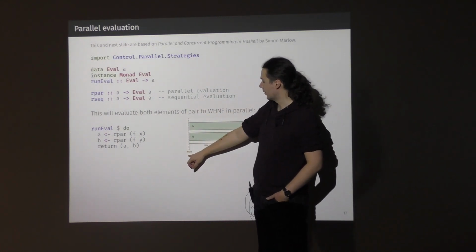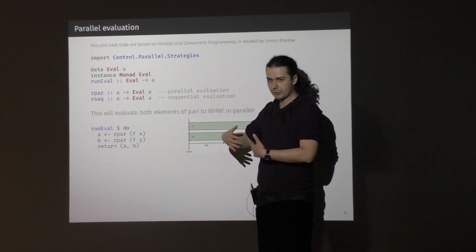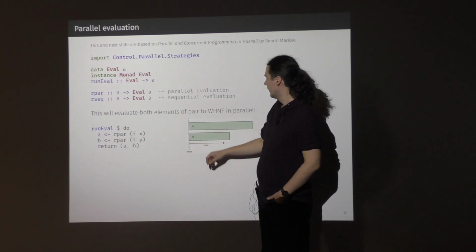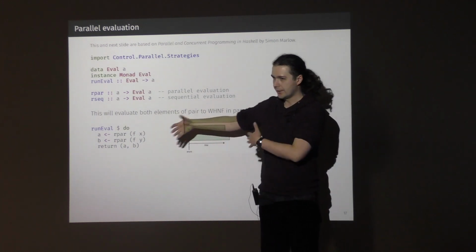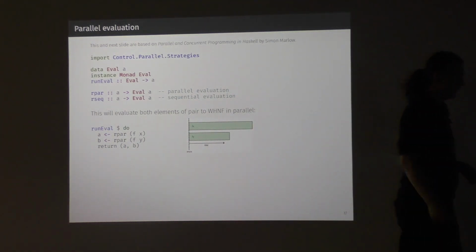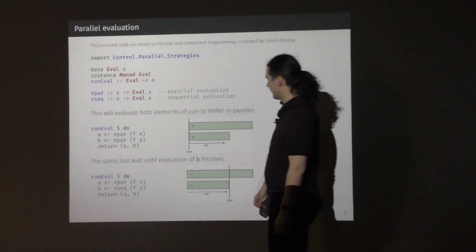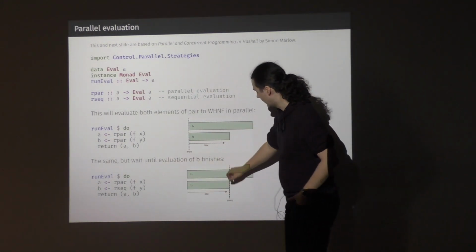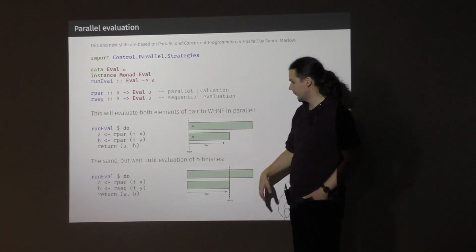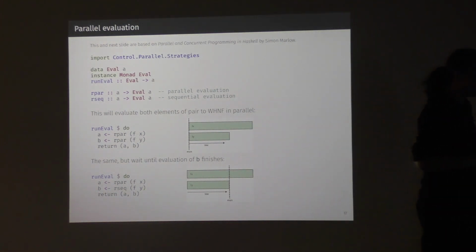So return will occur instantly when the things get evaluated, and those functions will be evaluated at some point, hopefully before we want to access them. If we use a sequence on one of them, then the return will wait for this sequential, but the remaining part will be evaluated in parallel.